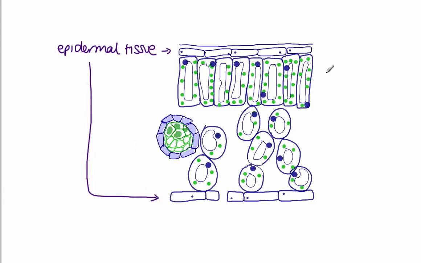and below that we have tissue that's called mesophyll tissue. And the job of mesophyll tissue, well, there's two types. There's this type at the top made of what we call palisade cells, so we actually call that palisade mesophyll, and down here we have another type of mesophyll that we call spongy mesophyll.